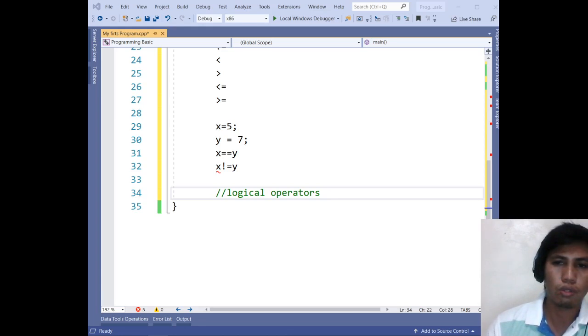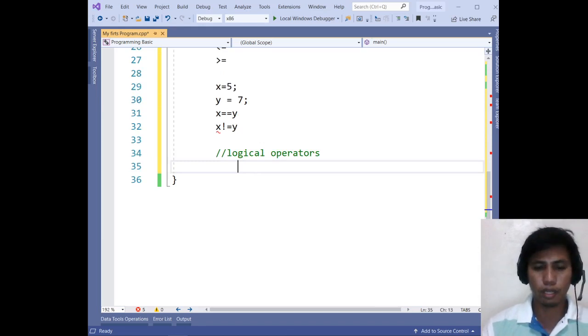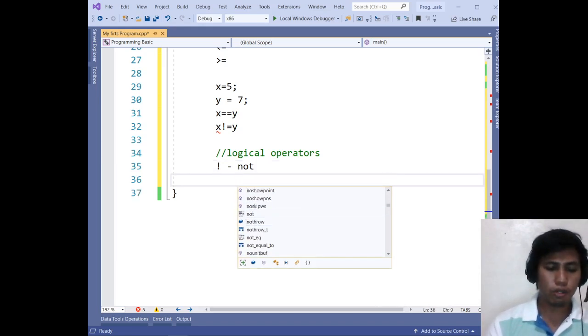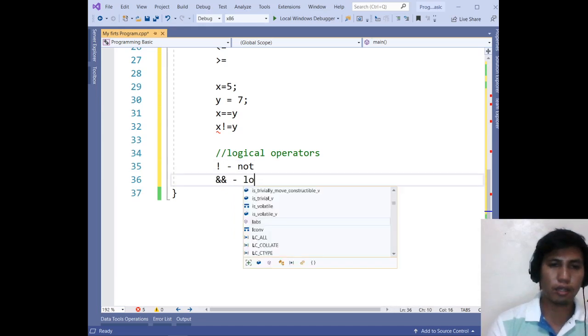So let's say for example, these are the different logical operators anyway. So logical operators include, this is not. We also have logical and.